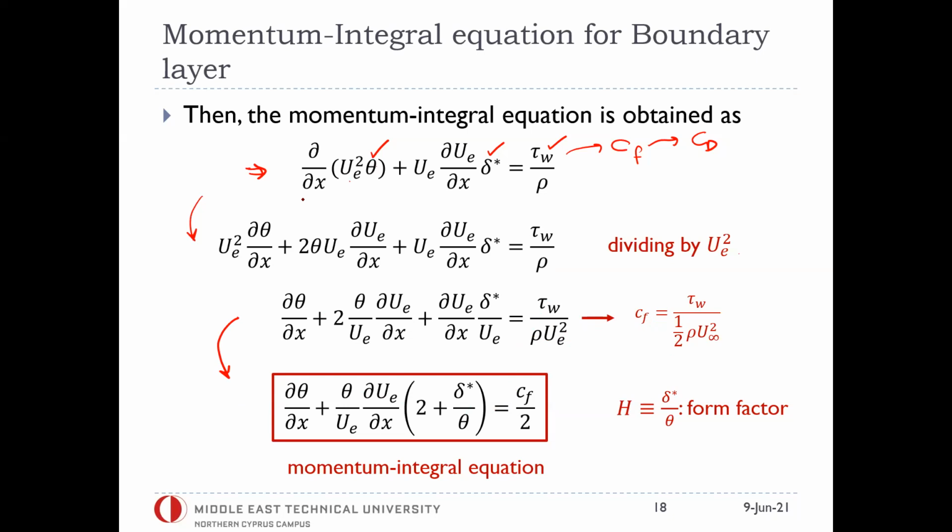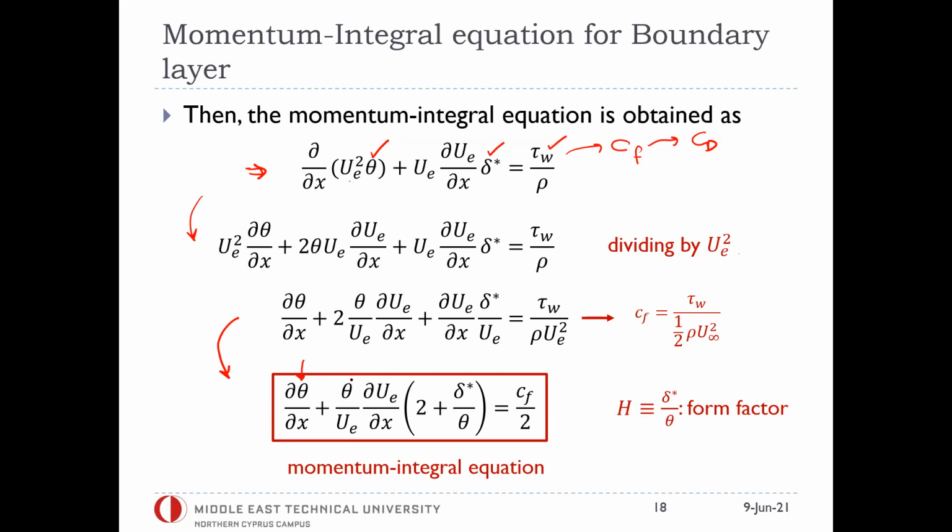This equation has one new variable. You cannot see it in the equation, but the definition is given on the right-hand side. First, let's check term by term. The first term is the derivative of momentum thickness with respect to x. So the entire equation is written in terms of these integral quantities.